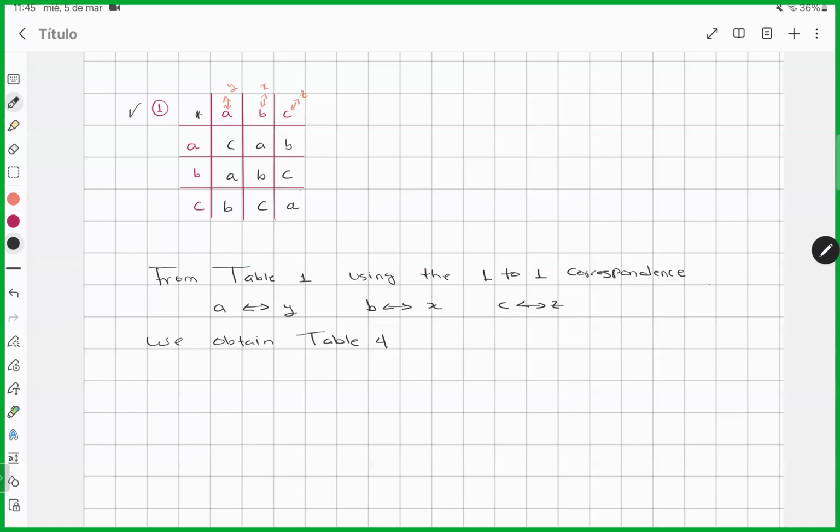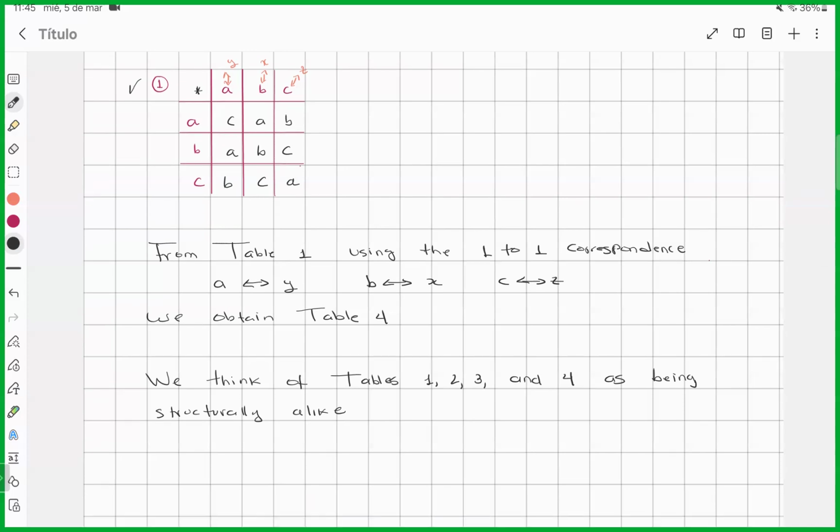Okay, so for these reasons, we think of tables 1, 2, 3, and 4 as being structurally alike, because these four tables differ only in the names or symbols for their elements and in the order that those elements are listed as heads in the tables.